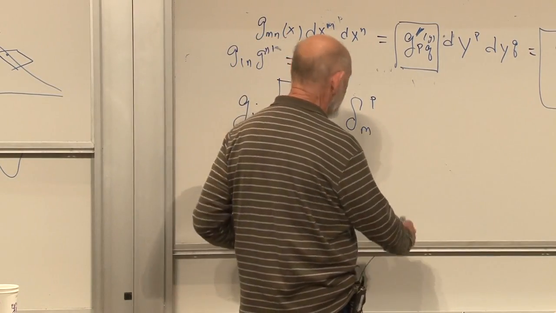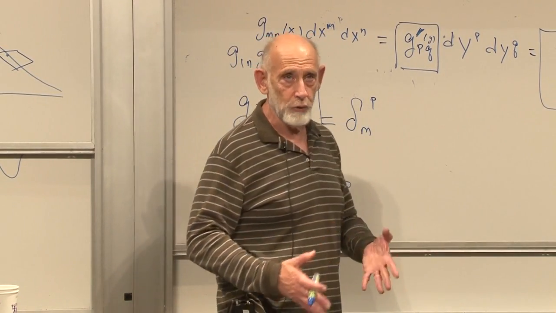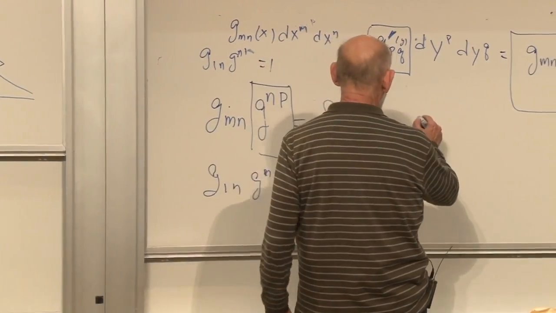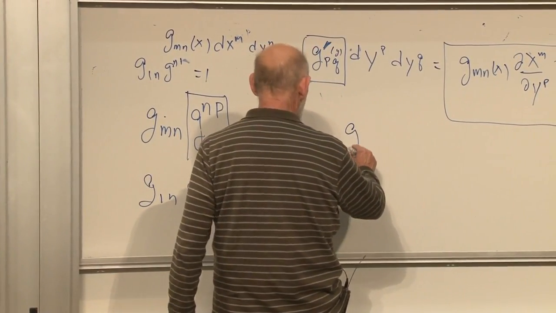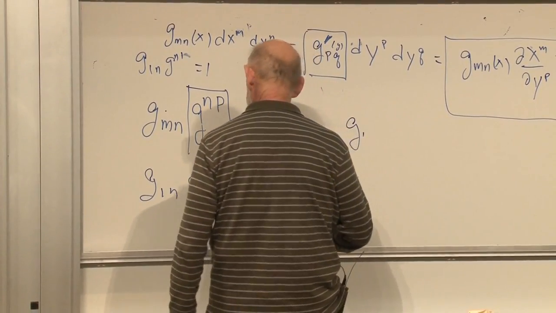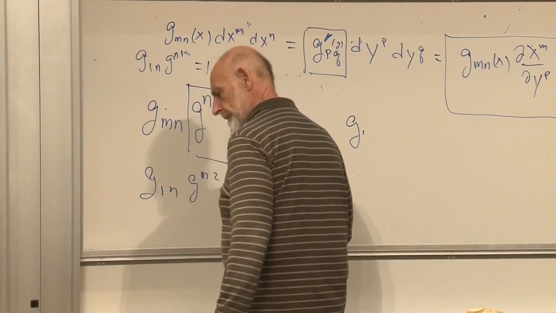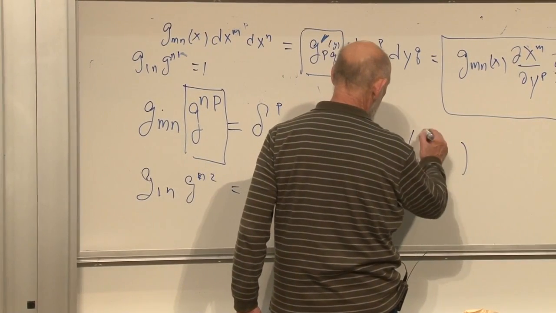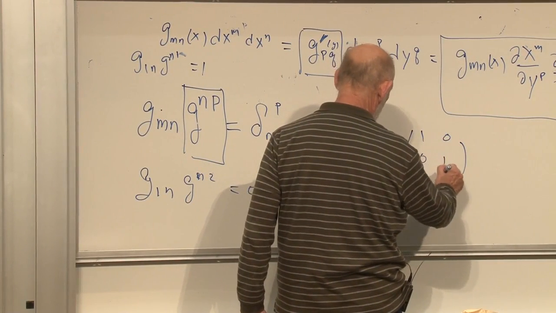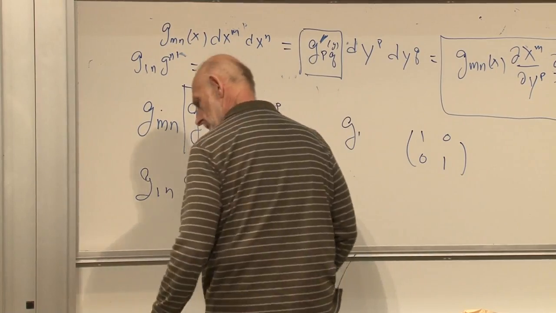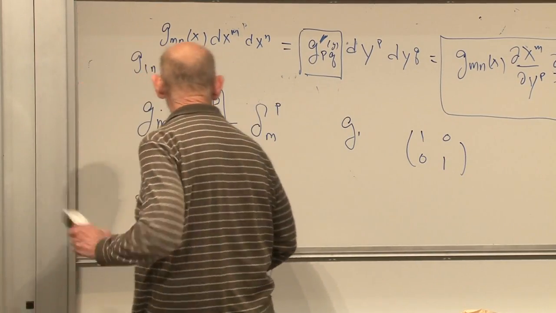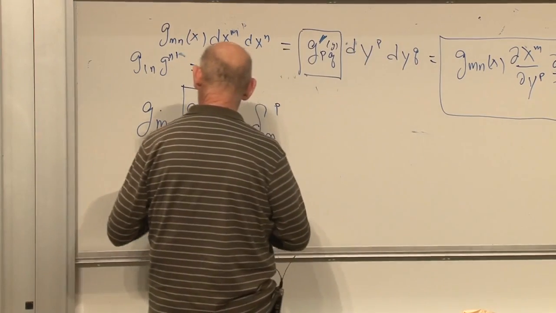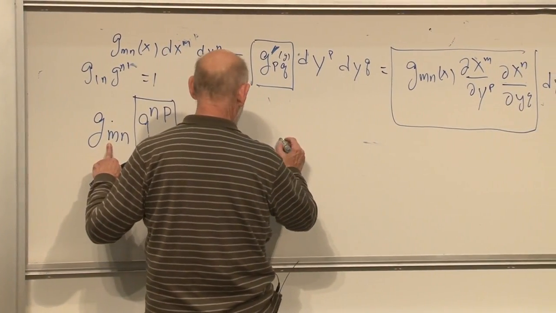All right, so let's write it out. Let's write it out for 2 by 2. Two-dimensional space. The right-hand side is the matrix 1, 0, 0, 1. Okay? Let's actually do it. This is going to be a pain in the neck, but let's write it out.